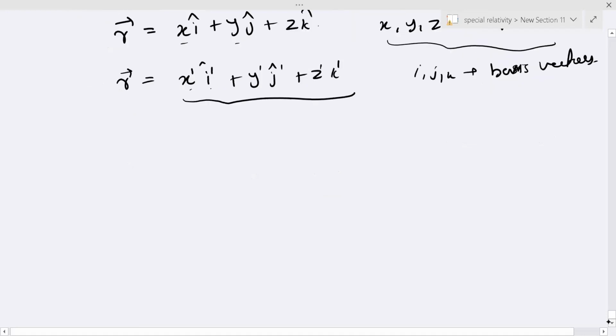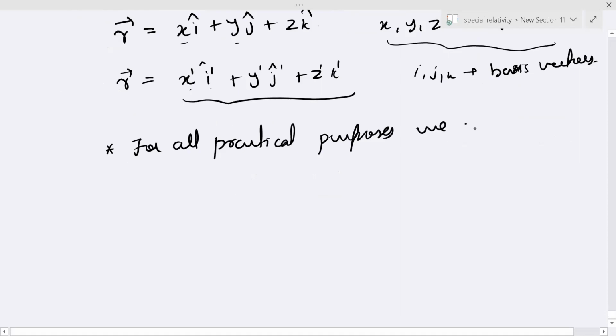But for all practical purposes, we can call x, y, z, the components, as vectors.